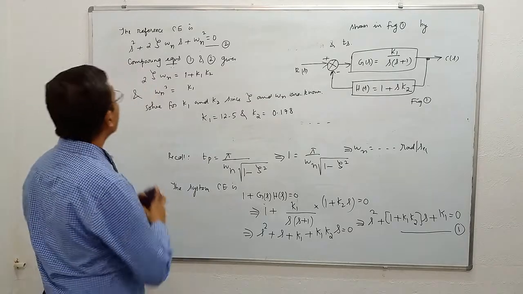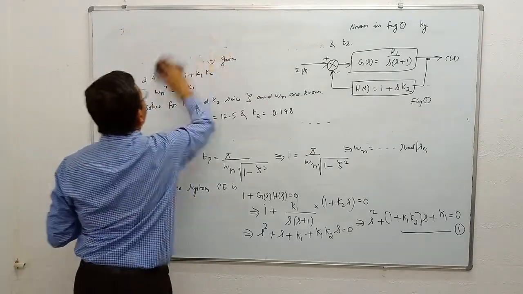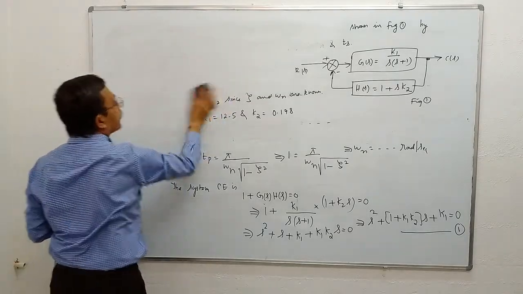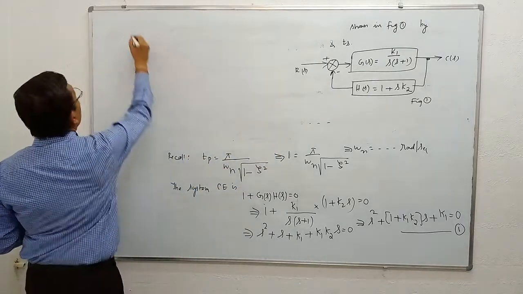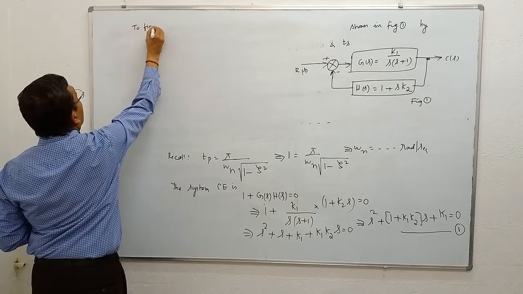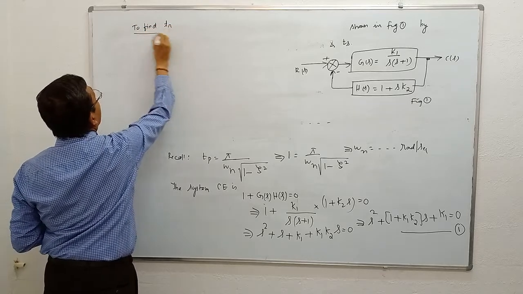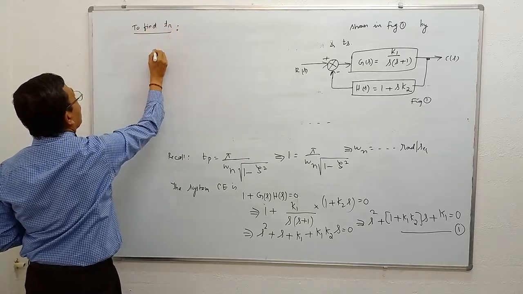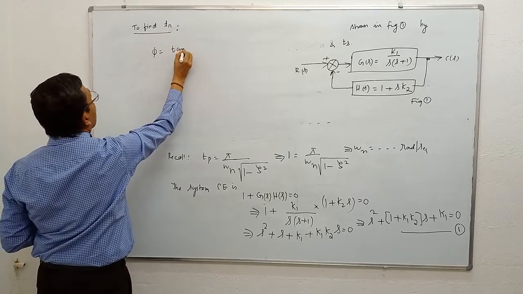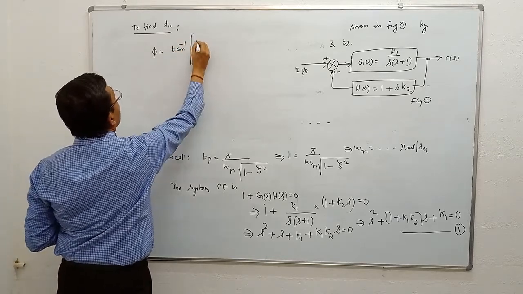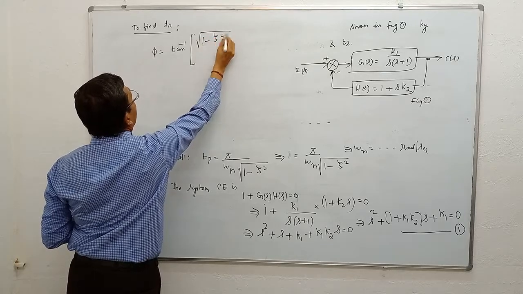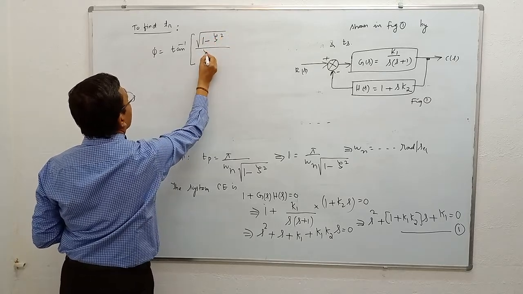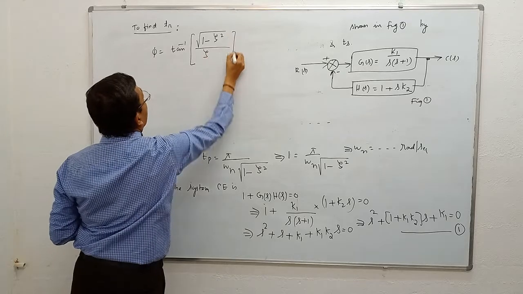Next we have to find rise time. What is the formula for phi? Phi is equal to tan inverse of square root of 1 minus zeta square divided by zeta.